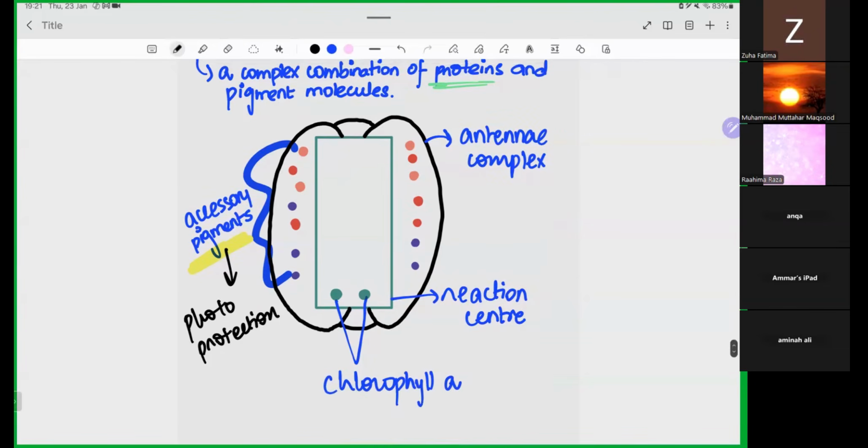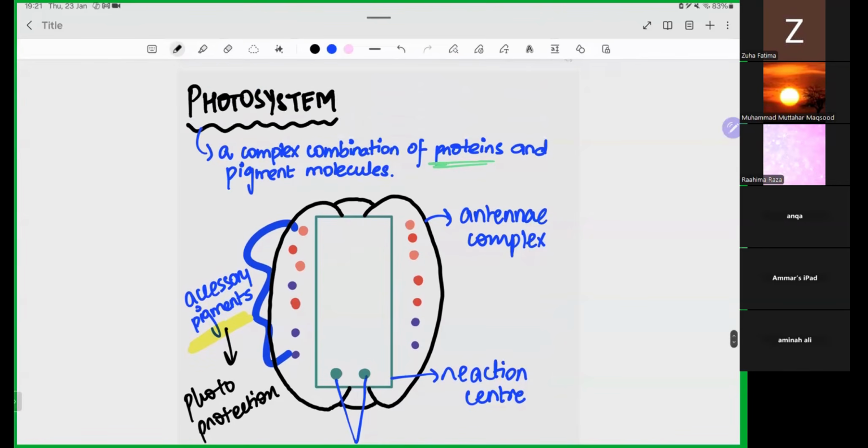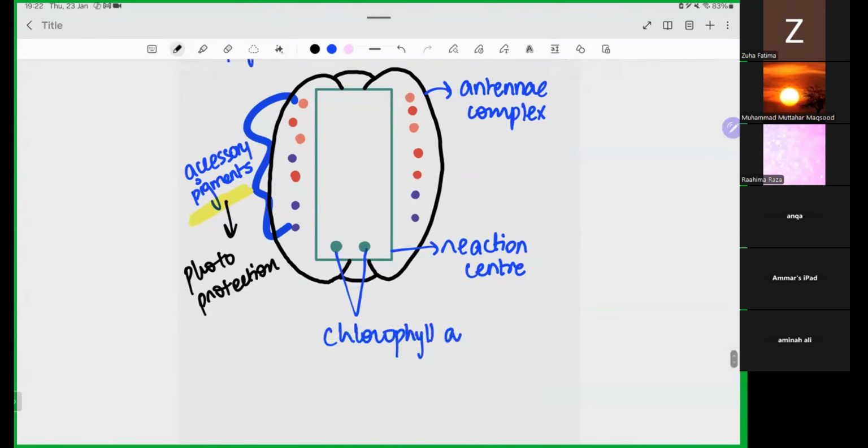And there are only two chlorophyll A molecules that are present in one particular photosystem. I said that the photosystem is like a cluster or a complex combination of proteins and pigment molecules. So we can define photosystem as a cluster of proteins and pigment molecules.